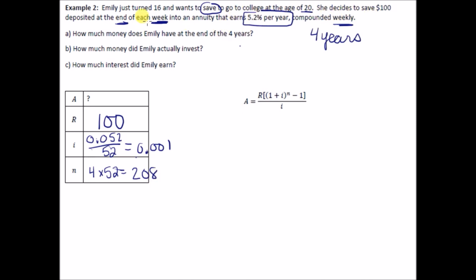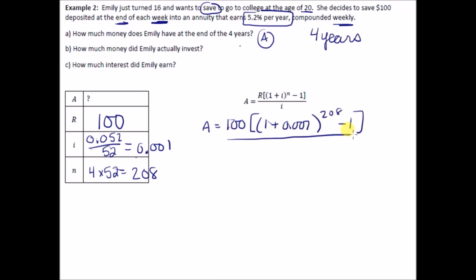Okay, good. 16 to 20. All right. So A, how much does Emily have at the end of 4 years? Okay, so this is asking for the amount. Okay, so she's putting in $100 weekly. Okay, it's 1 plus 0.001 raised to the exponent n, which is 208, minus 1. And then this is all over I, which is just this number here, 0.001.